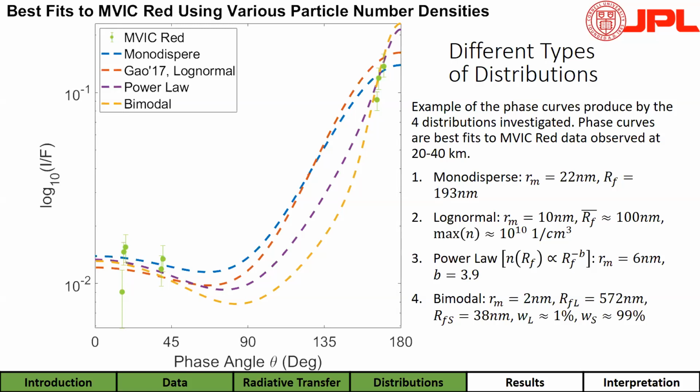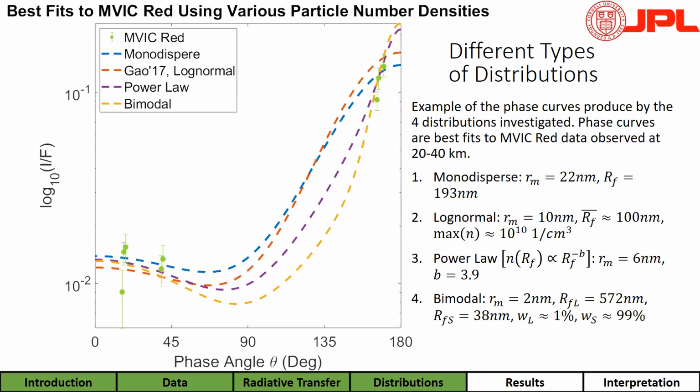And what you can see in this example, this is at 20 to 40 kilometers using the MVIC red data, is that a monodisperse and the log normal distribution are not able to very accurately describe our observed phase curve. We're able to get the right order of magnitude, but we're not able to capture simultaneously the not insignificant amount of backscatter, which again is indicative of the small size scattering population, and the very steep forward scattering nature, which again is indicative of large size scatterers.